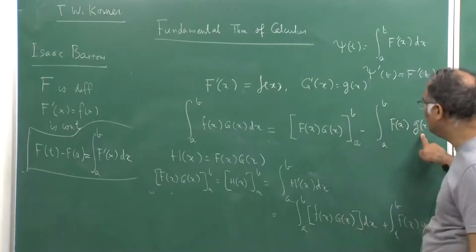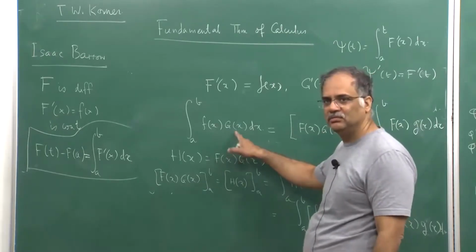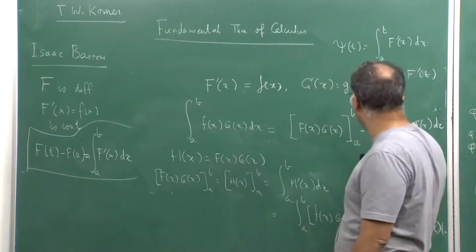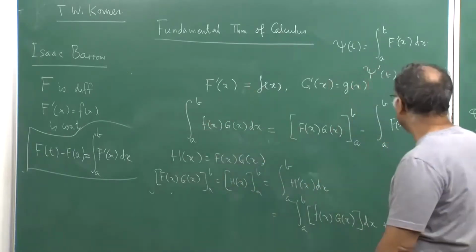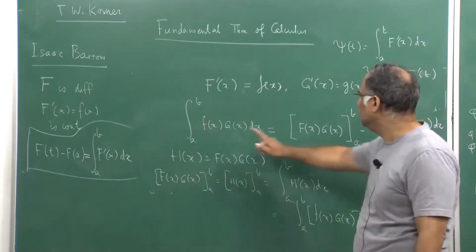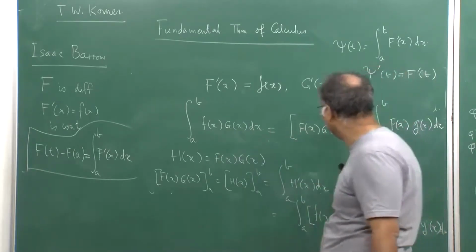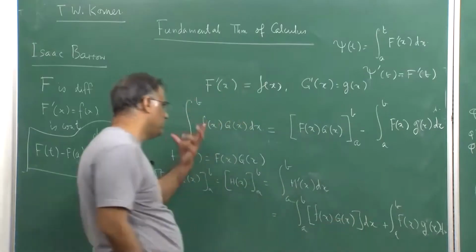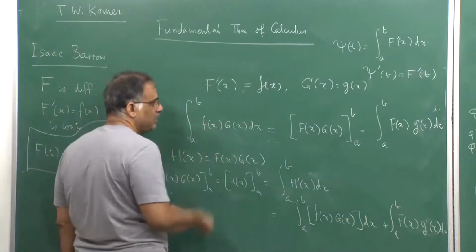So here gx is the derivative of the second function, and fx is the integral or antiderivative of the first function. The antiderivative can also be called the indefinite integral of the first function.